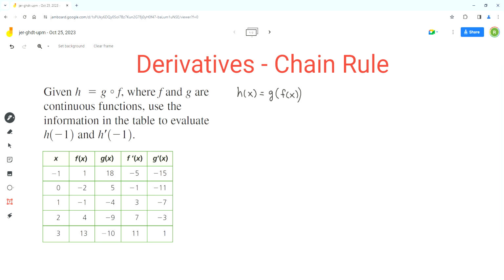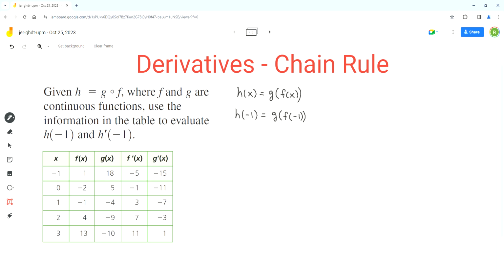So we should sub in x as -1. So we get h at -1 equals g at f at -1. So here we have to use the function composition rules to evaluate h at -1.